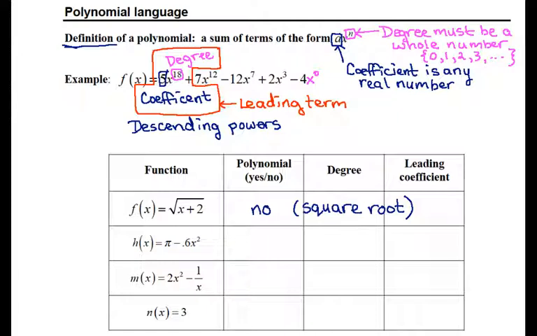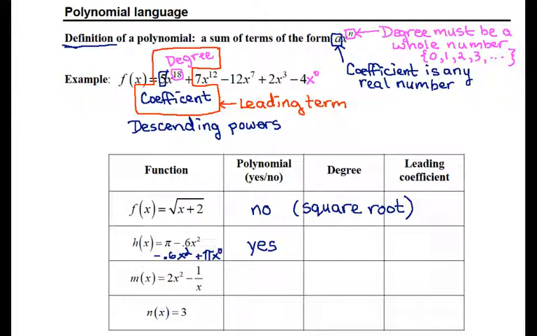This second example looks a little bit more unusual, but this is a polynomial. And the way that we can see it fitting the pattern is to write it as negative 0.6 x squared, that's our highest order term, plus pi times x to the 0.